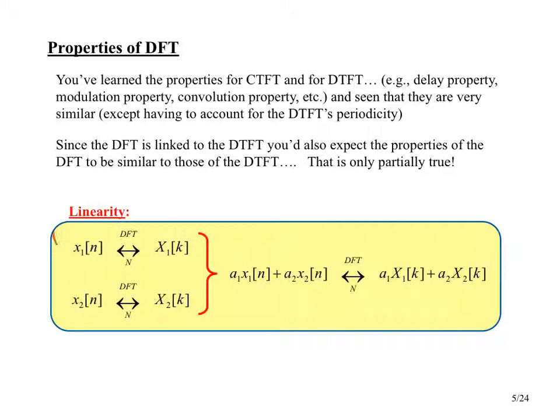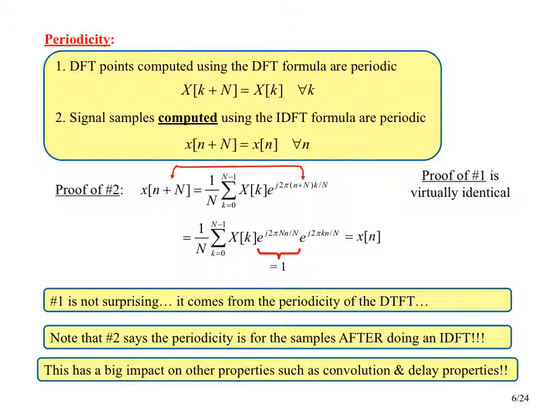So if I've got some little x1 and I know it transforms to big X1, and little x2 transforms to big X2, then any linear combination of little x1 and little x2 will result in a transform that is the same linear combination applied to big X1 and big X2. That's the result, and it's used all the time.